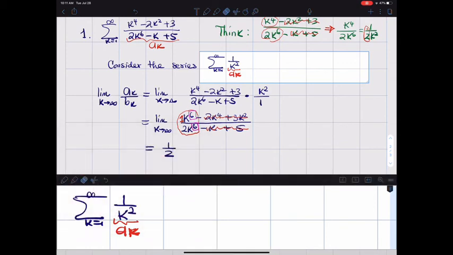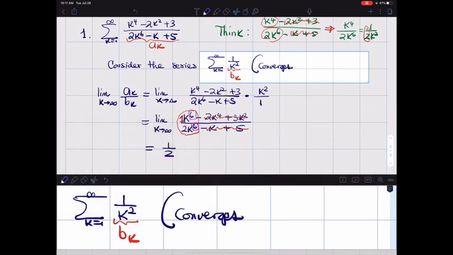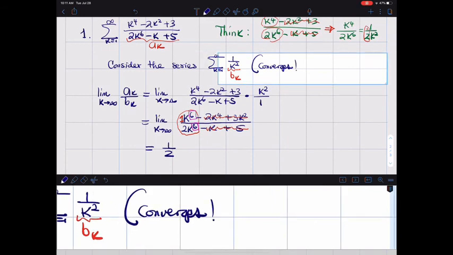Oh gosh, I feel like rewinding and deleting what I just said, but this is BK. What do we know about BK? This series converges. Why? It's a p-series, because p is greater than 1.